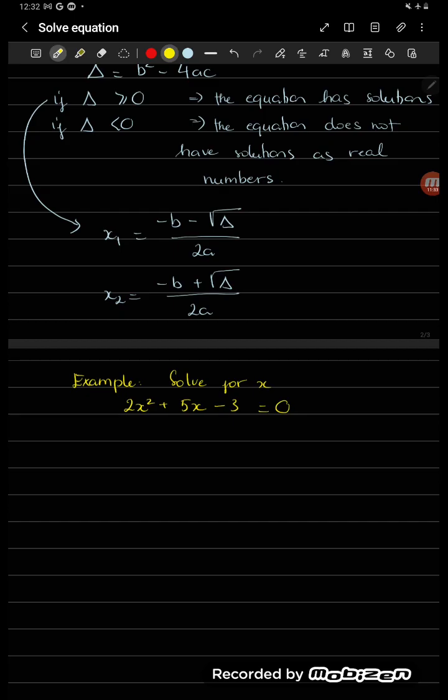So how can we solve this equation if we cannot factor it out, or we don't want to factor it out?